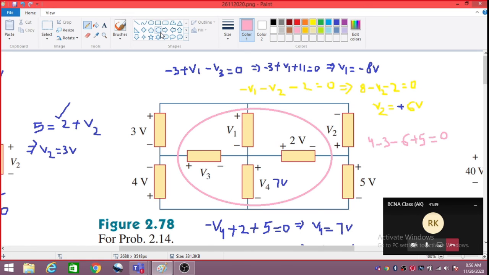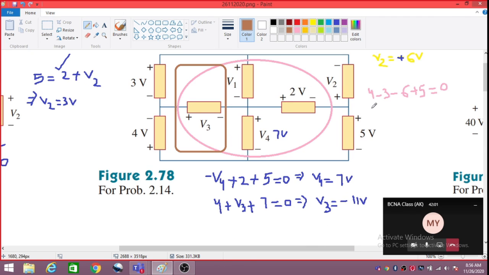Okay, can you verify the same result in this loop? KVL in this loop. That means plus 4 minus 3 plus V1. What was V1?